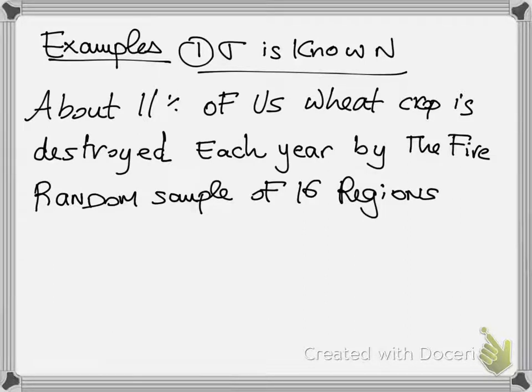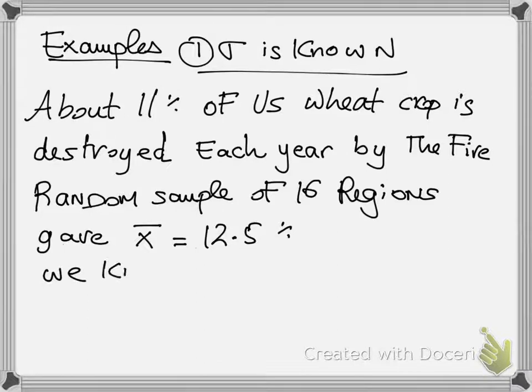The random sample of 16 regions gave the sample mean, or sample average, X bar: the percentage of US wheat crop destroyed by the fires in the 16 regions is X bar equal to 12.5%. And let's say we know that the population standard deviation sigma is equal to 5%.